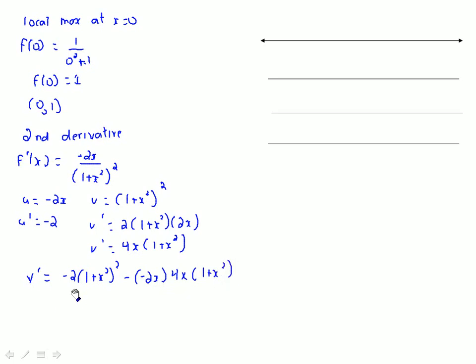So what happens, of course, when you're taking the second derivative is that you don't always get a better form to work with, unless it's a polynomial function. So then (1 plus x squared) to the 2, and then squared.